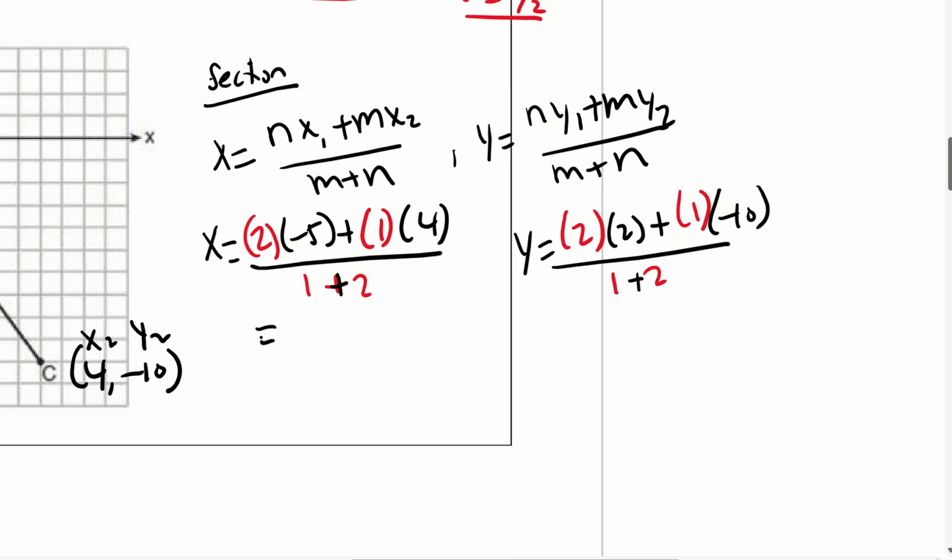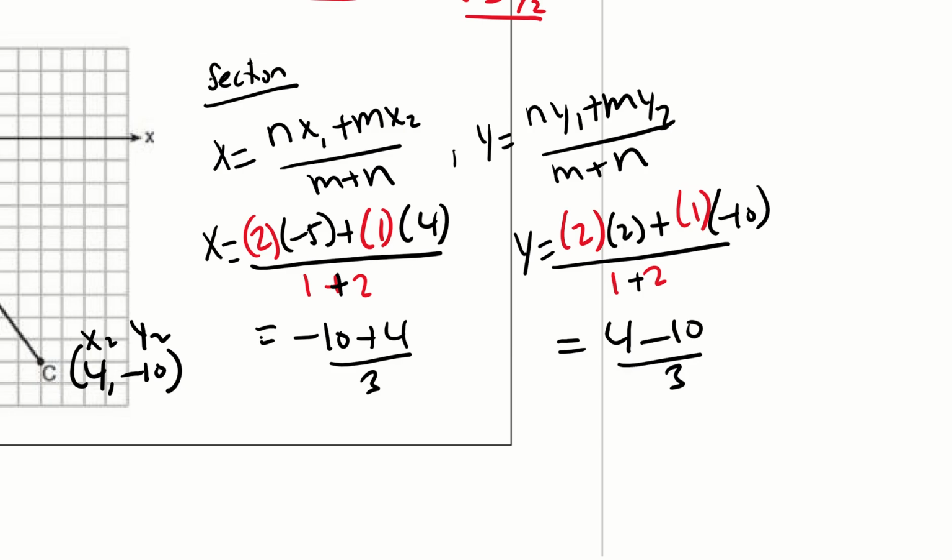So we got 2 times -5, 1 times 4, over 1 plus 2. 2 times 2, 1 times -10, over 1 plus 2. All right, so we get -6 over 3, which is -2. Here we also get -6 over 3, which is another -2.